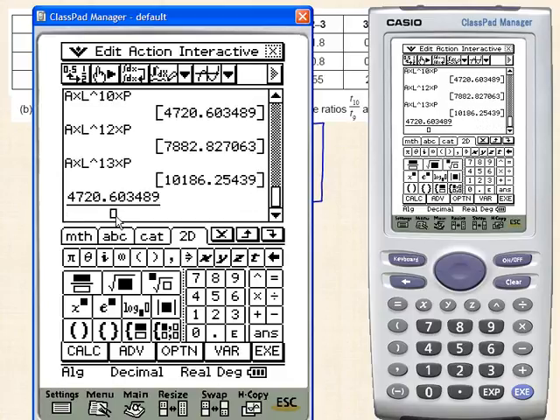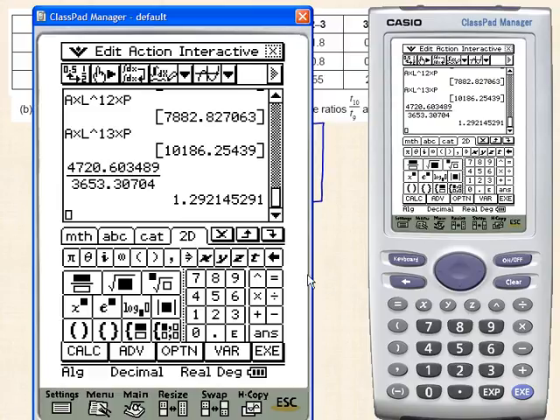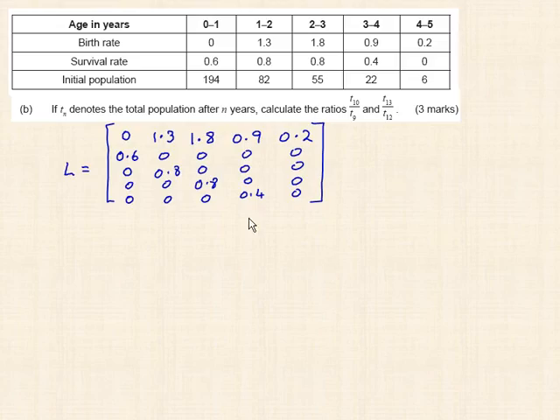So we'll just drag that down to the bottom and execute. 1.292 to 3 decimal places is required. So let's write that down. That's T10 divided by T9 was 1.292.